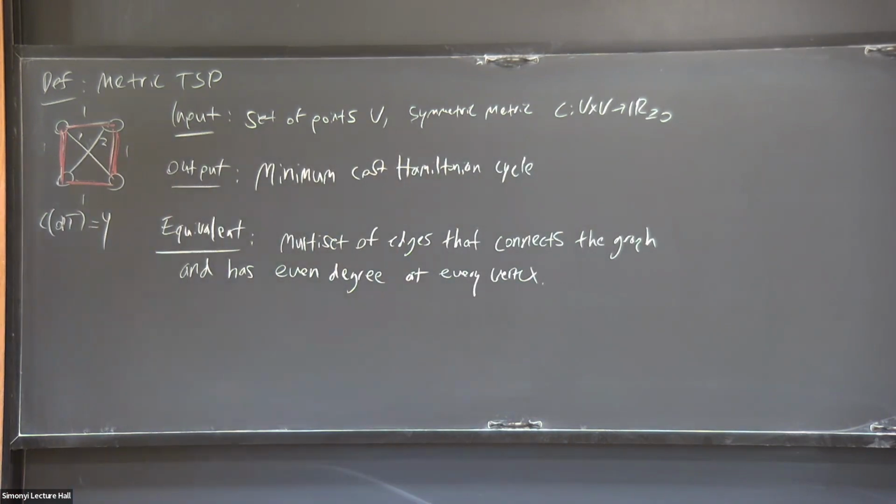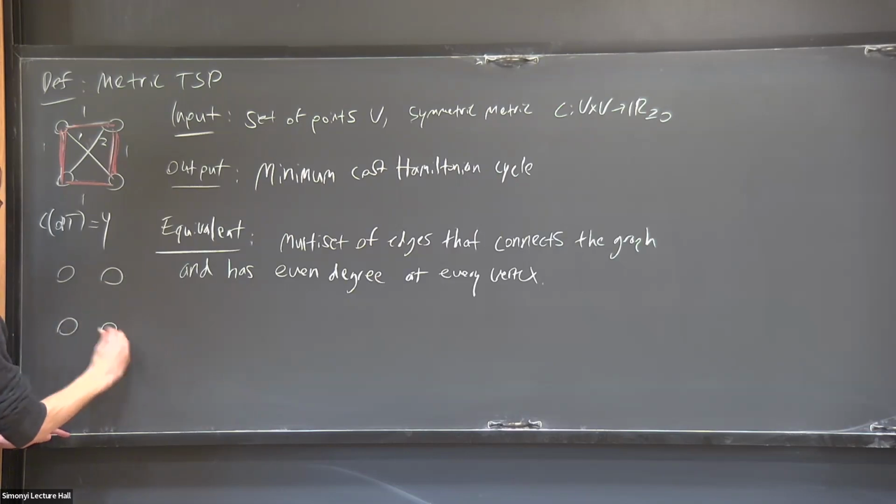So, for example, this wouldn't be an optimal solution, but I could also have returned this. That would be equivalent.